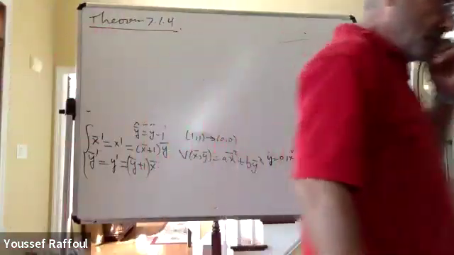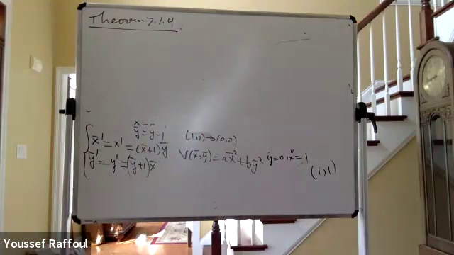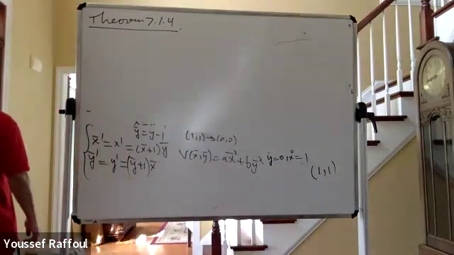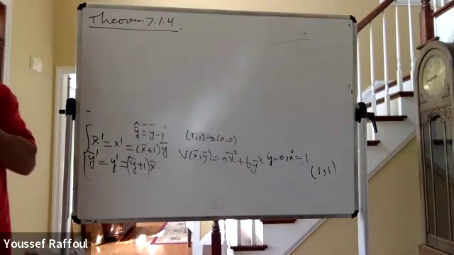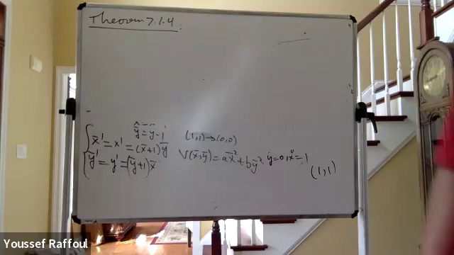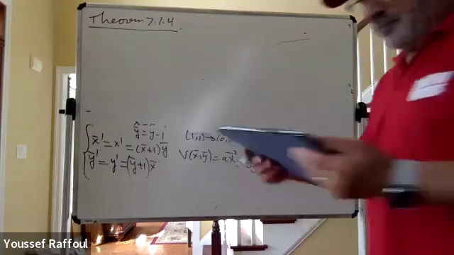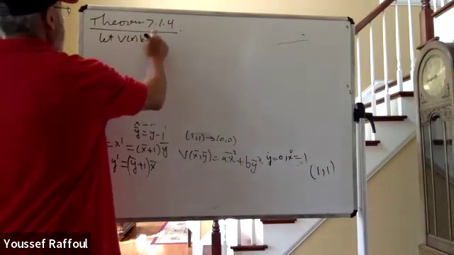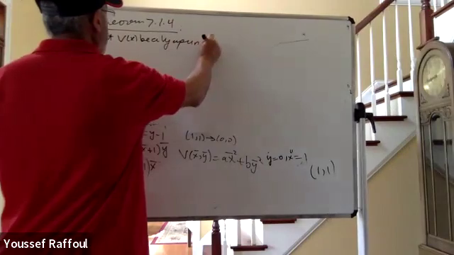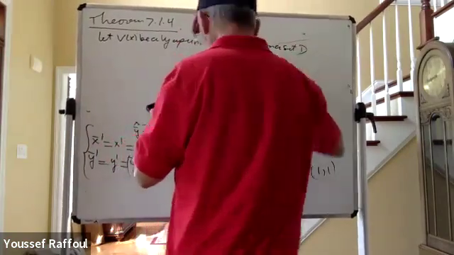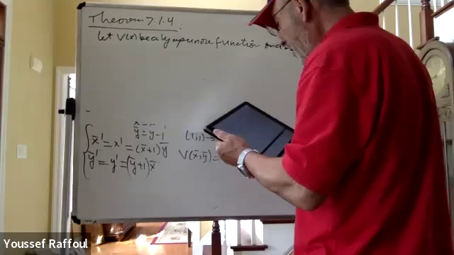Theorem 7.14. Let V of x be a Lyapunov function on a set D, of course D containing the origin.